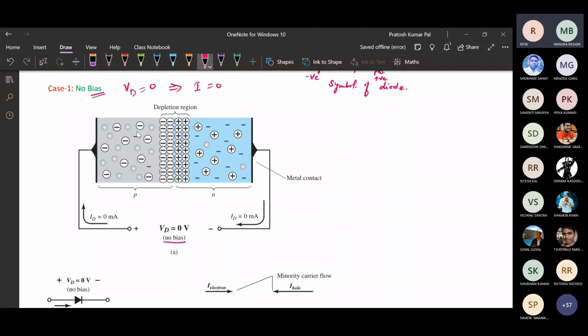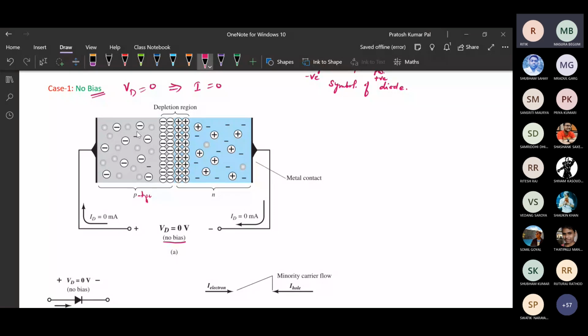At this point, inside this structure, initially there is a depletion region. This depletion region has negatively charged immobile ions in the p-type region, and similarly positively charged immobile ions on the n-type side.